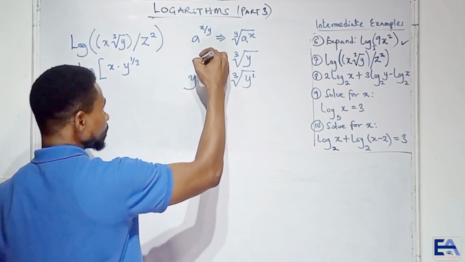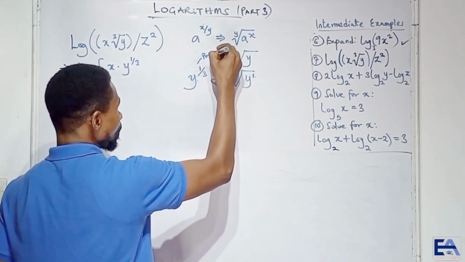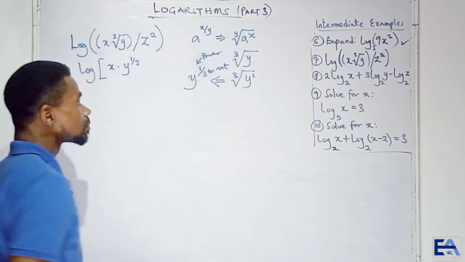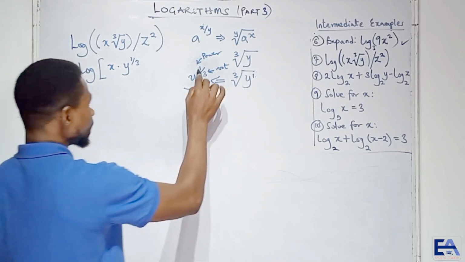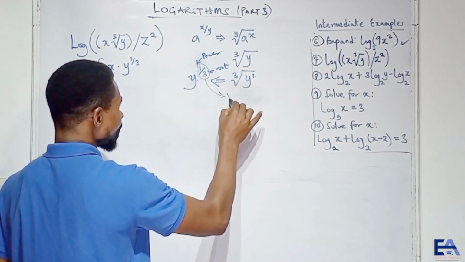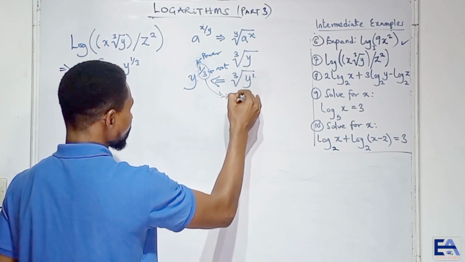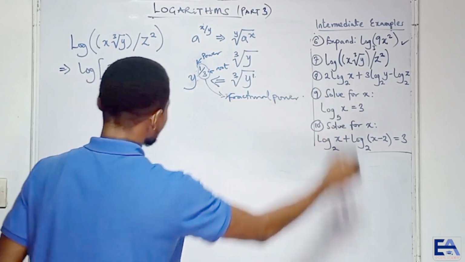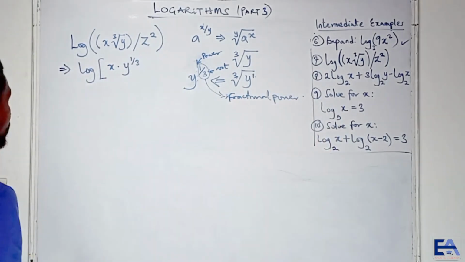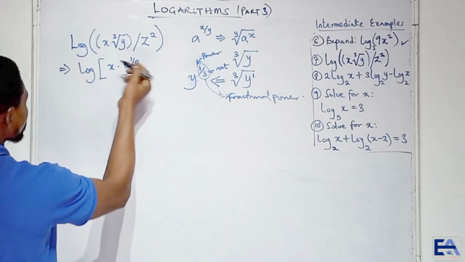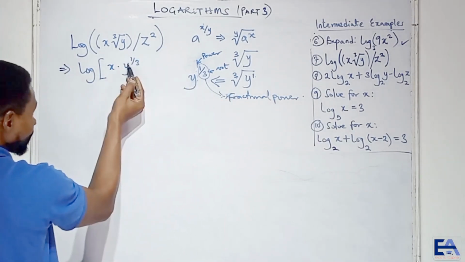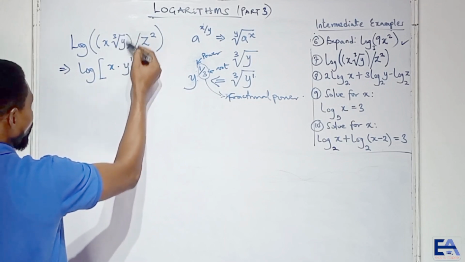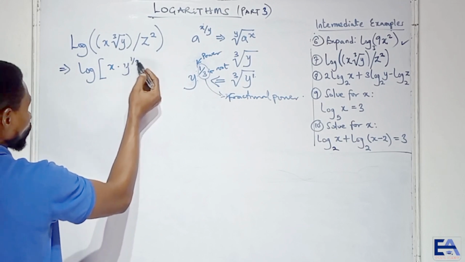So the numerator is a power, while the denominator is a root, but collectively both of them are a fractional power. That's just a brief revision of indices. So we converted the cube root of y to y raised to power 1 over 3.